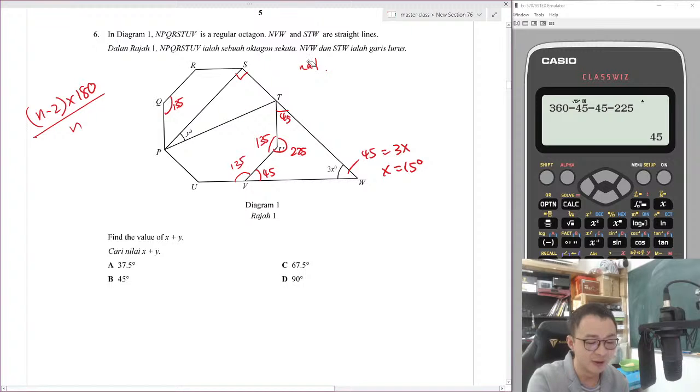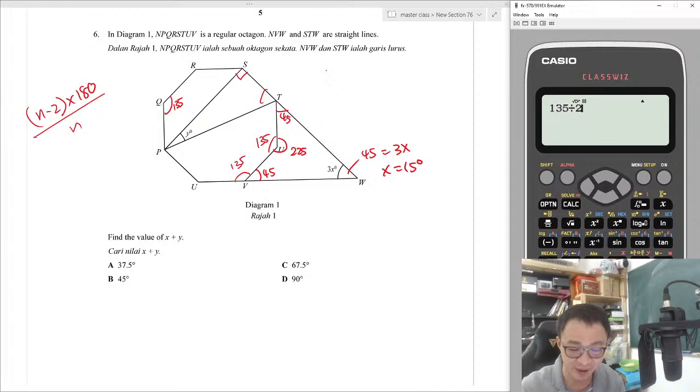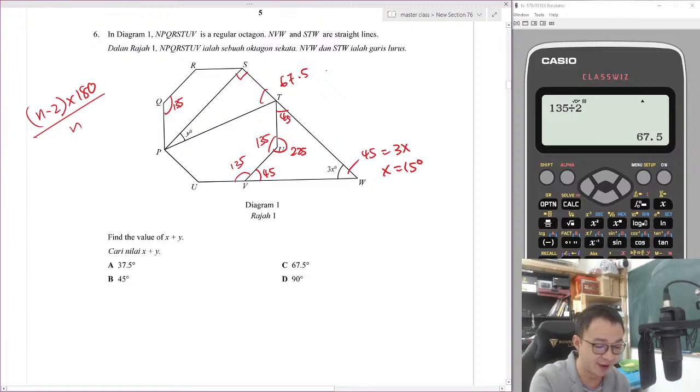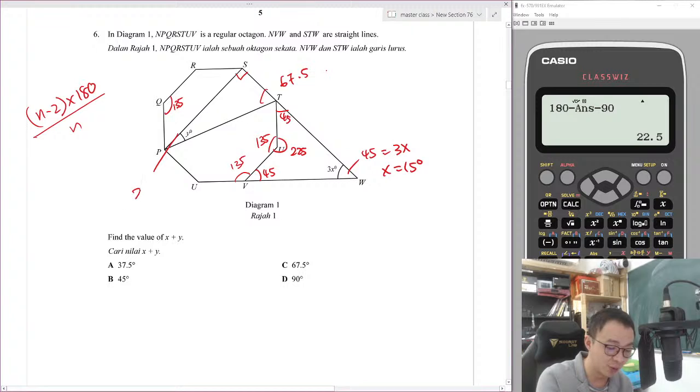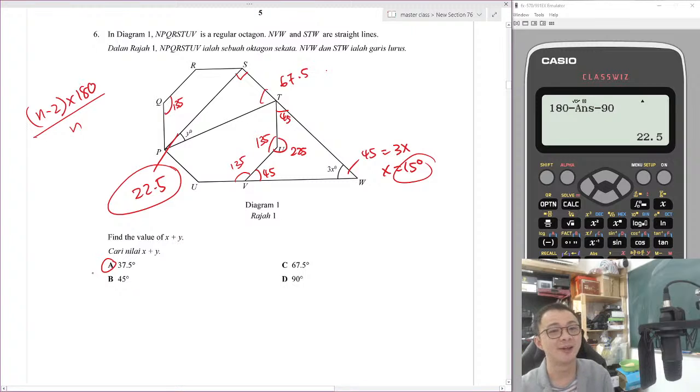So therefore this angle here will be 135 divided by 2, which is 67.5. Then I can find y, which is 180 minus the answer just now, minus 90 degrees. Then I get 22.5. So y will be 22.5, x will be 15, you add together 37.5. Answer will be A.